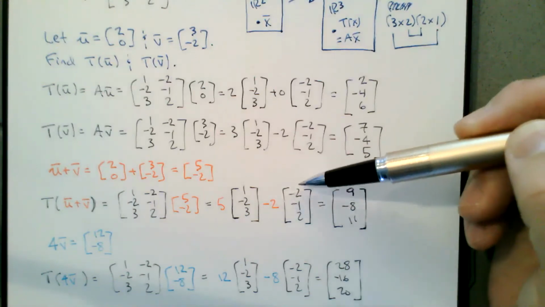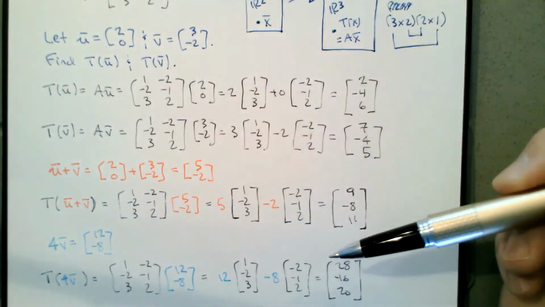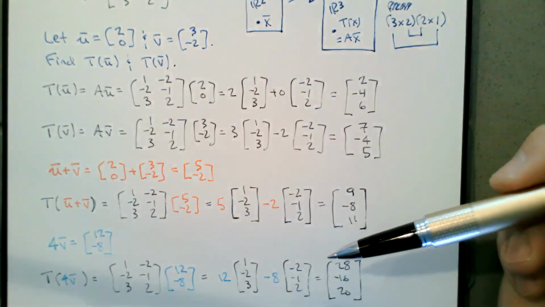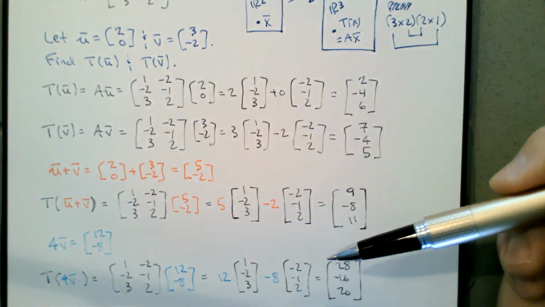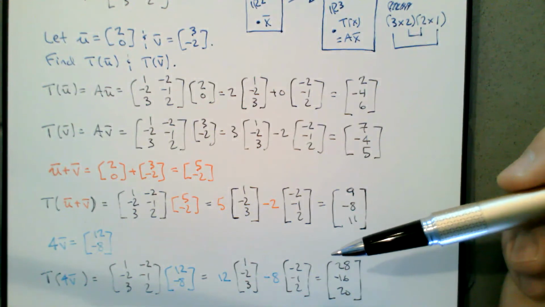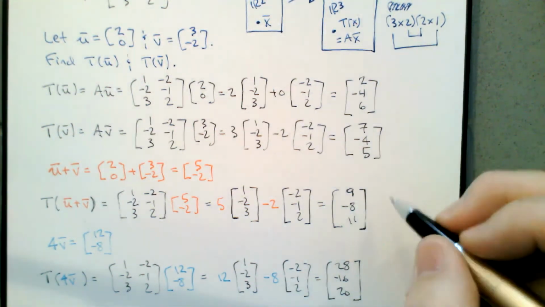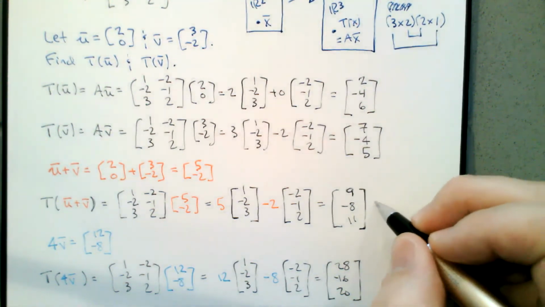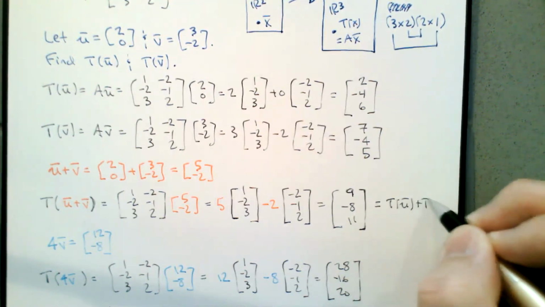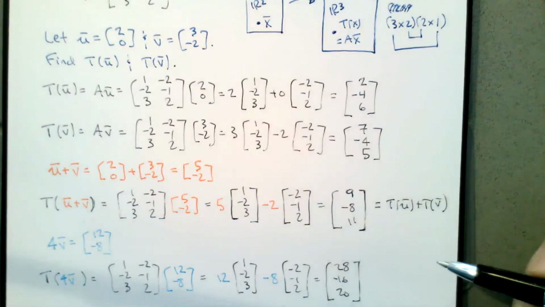The negative 2 copies of the second column of A are 0 from the u and negative 2 from the v. So since matrix multiplication respects vector addition, linear transformations will also respect vector addition. Also notice that if I take T of u plus T of v, we get (9, -8, 11). So from both directions, we get what we were looking for.